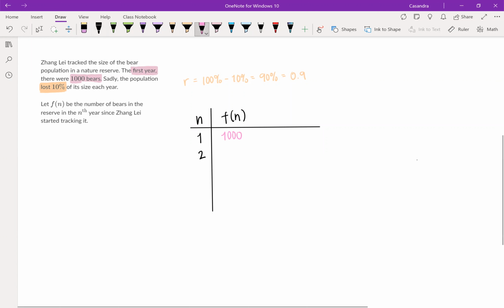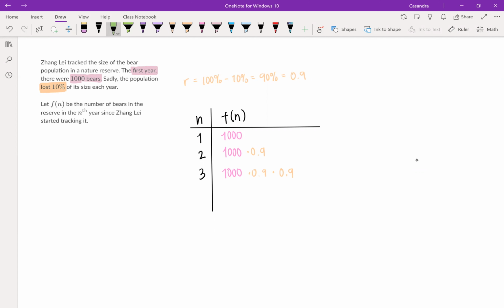In the second year, we have those 1,000 bears, but then we multiply by 0.9 because it's decreased by 10%. In the next year, so in the third year, we have the bears from before. And then again, it's decreased by 10%, meaning there's 90% of them left from the previous year.